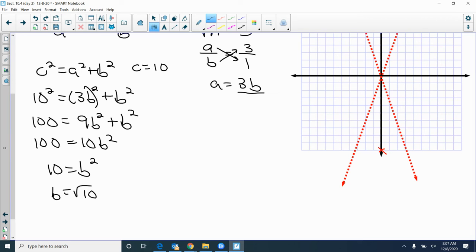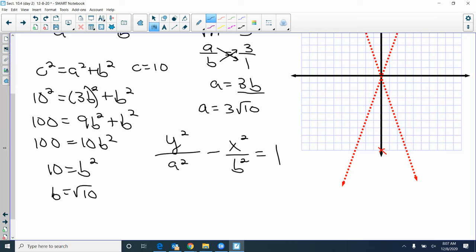All right, what's A going to equal? A is 3B, right? So it has to be 3 times the square root of 10. All right, what's my equation going to be? It's y squared over A squared minus x squared over B squared equals 1. Well, what is A squared going to be?